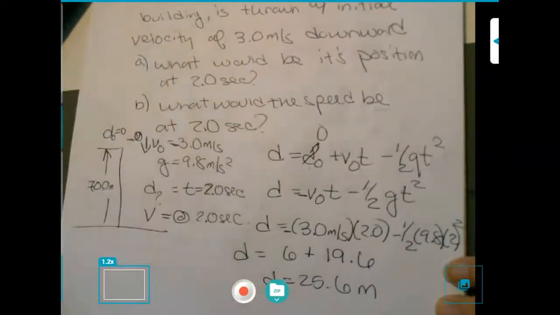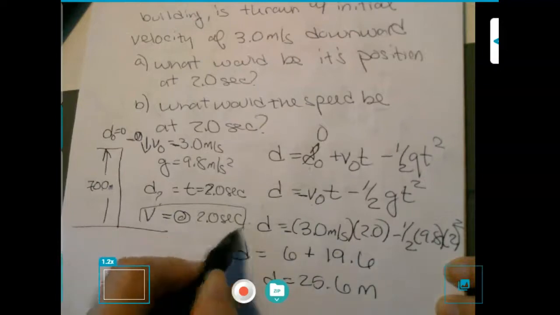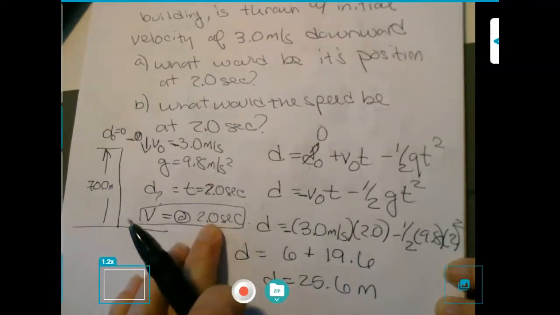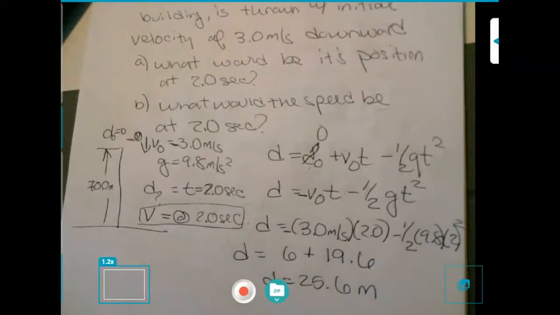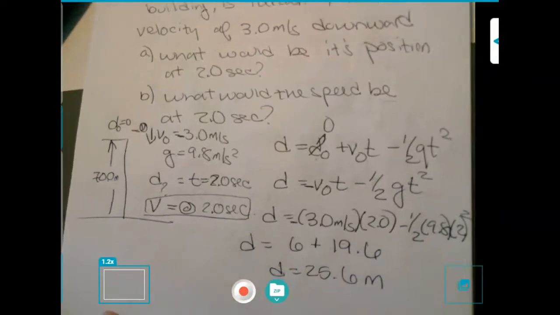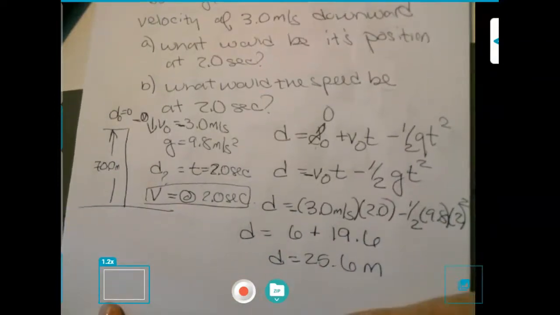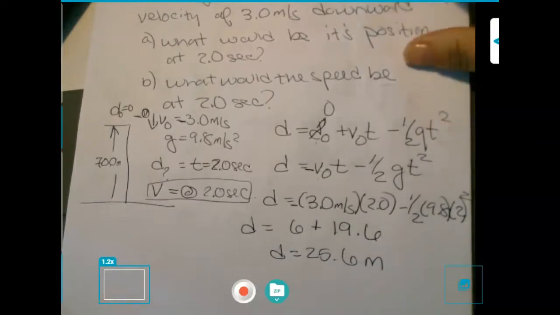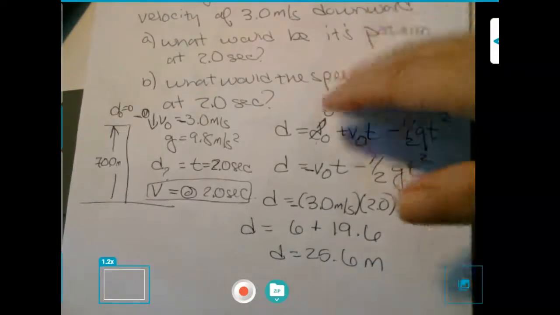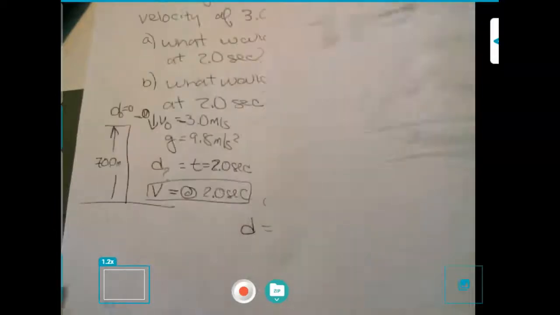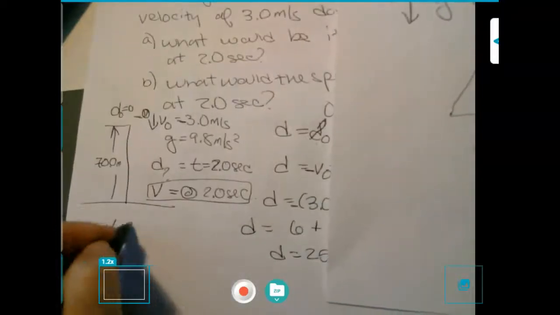Okay, and now my second problem is, what is the speed at 2 seconds? So that's a different equation. Now we're looking for the final v.